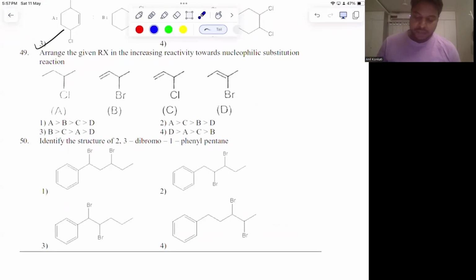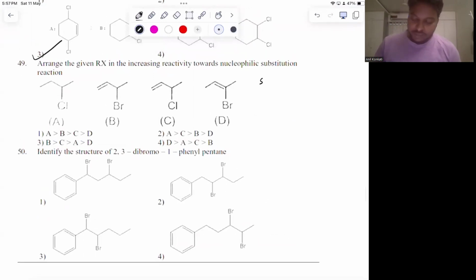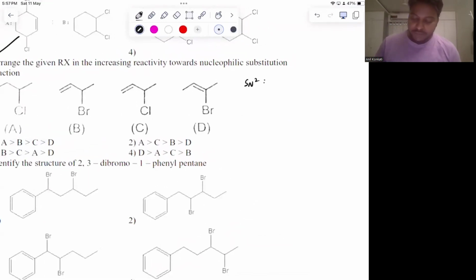In the given rate, if you recall the SN2 type of mechanism, when it comes to benzyl, CH2X benzyl is greater than CH3X, greater than allyl halogen, greater than 1 degree CH3CH2X, greater than 2 degree, greater than 3 degree, and so on.